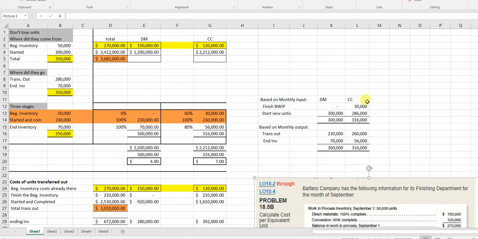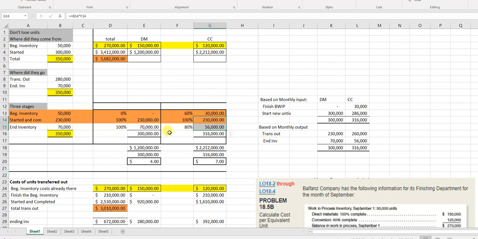Okay, and then I start new units. The ones I start are the 230 and the 70, so that's the 300, and the 230 and the 56, and that's 286. And then I either transfer them out or they're still here.